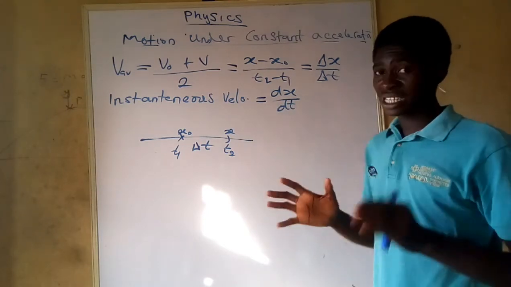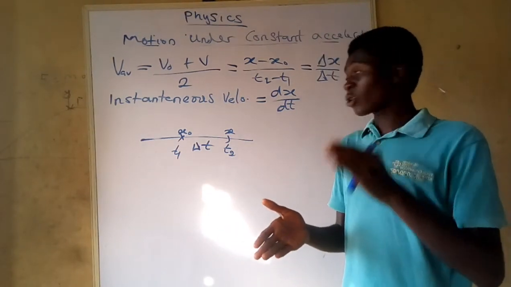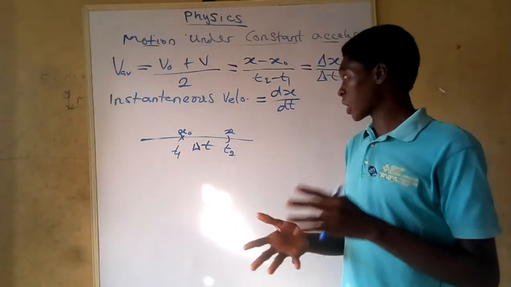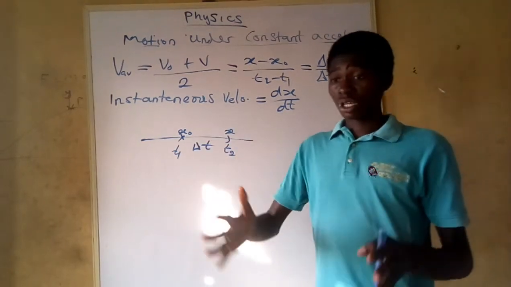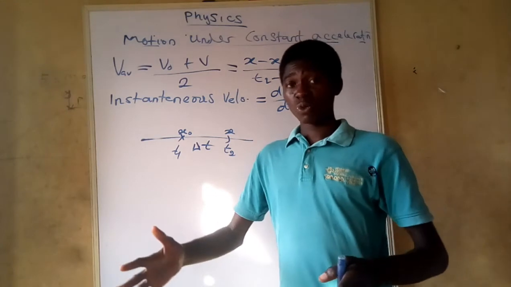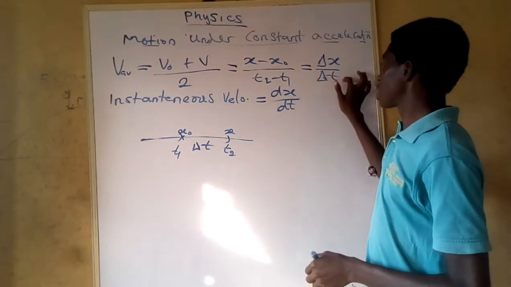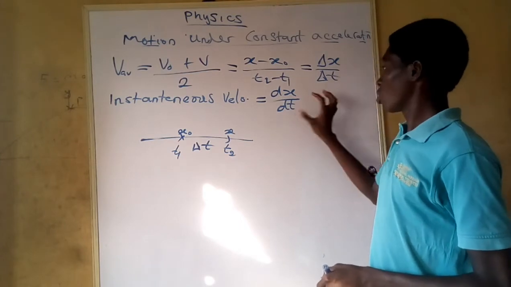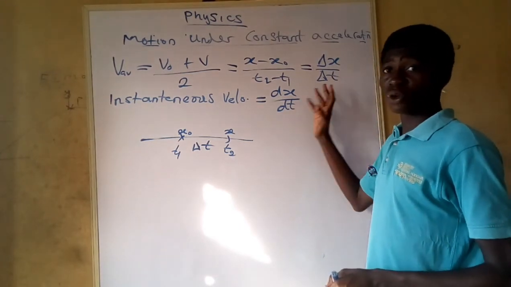Instantaneous velocity is telling you the velocity at an instant in time, but for average velocity the time difference will be a little bit large, 1 second, 2 seconds, and so on, while this one could be 0.1, 0.001, a very short period of time.